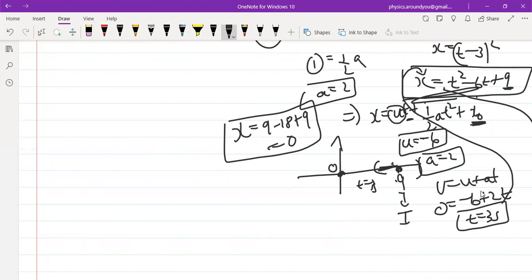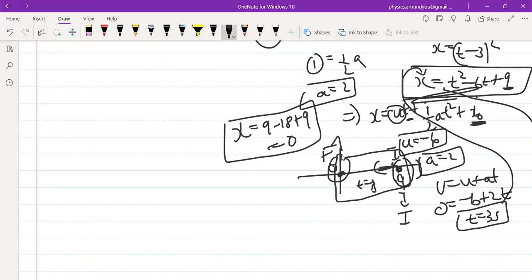And at t equal to 3 seconds, its velocity became 0. So at t equal to 3 seconds, it is at the origin. So from initial position to final position, that distance would be the displacement.